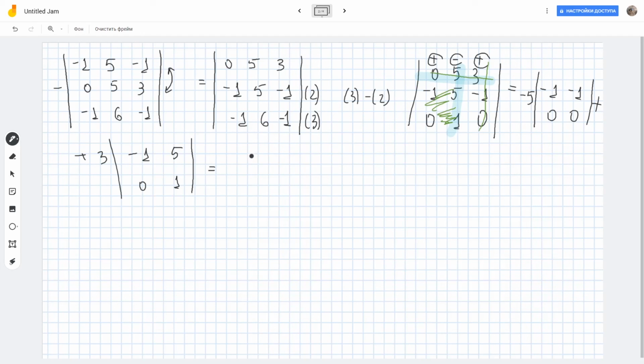And the very last step, we compute the determinant.